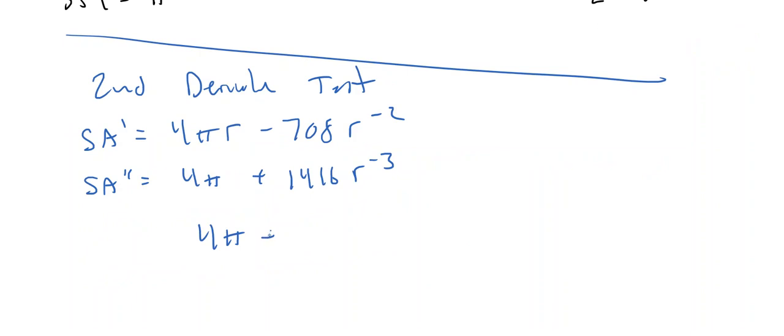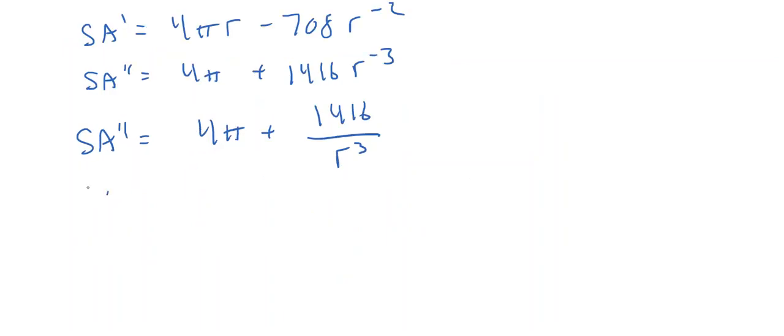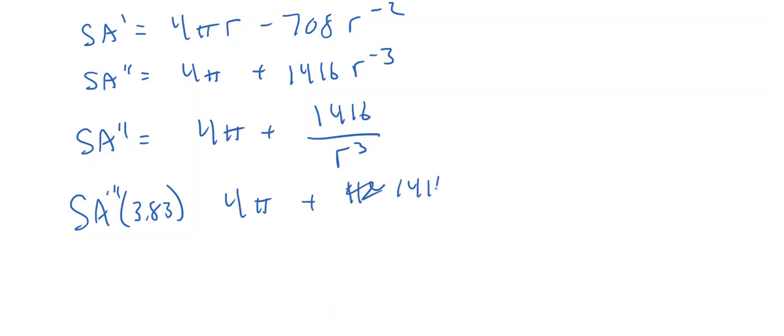So remember, what we do then is we evaluate this at r. If we take the second derivative evaluated at 3.83, we're going to have 4 pi plus 1416 over 3.83 cubed. Well, this whole thing is going to be positive.